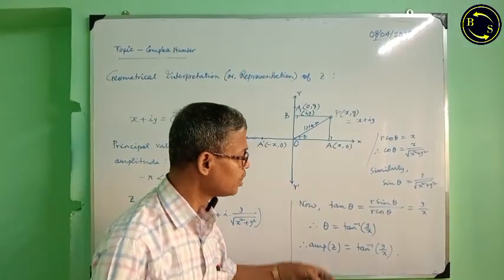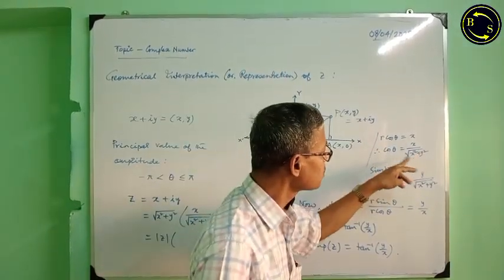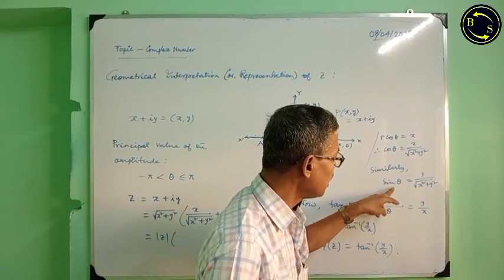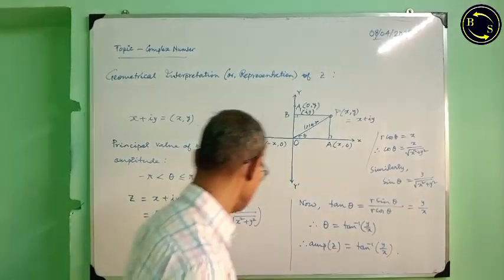Already I have discussed r cos theta is x, from that cos theta equals this, and similarly sin theta will be this.